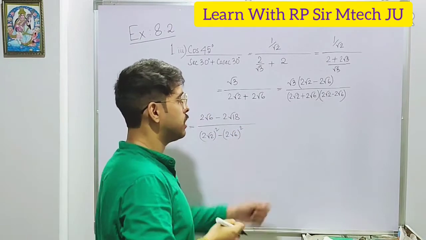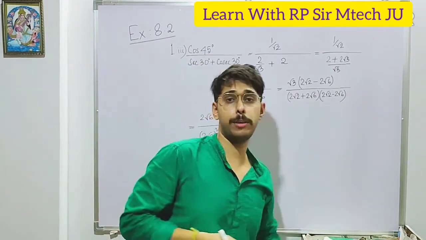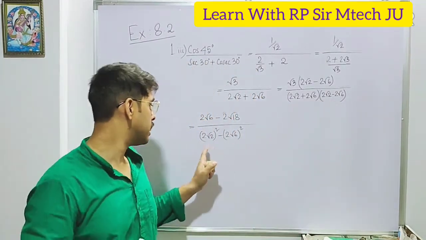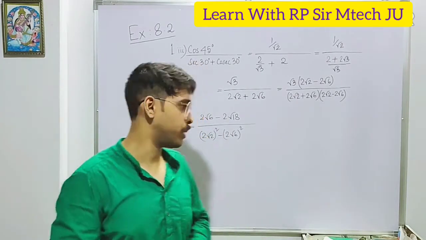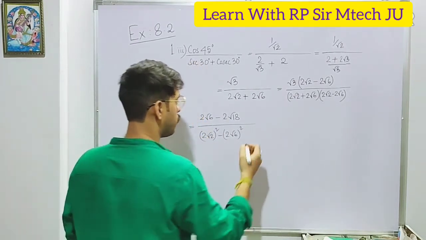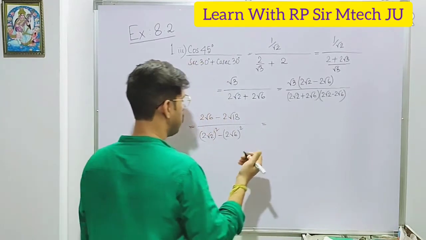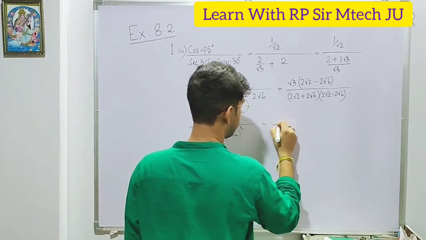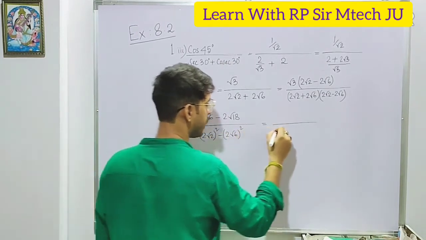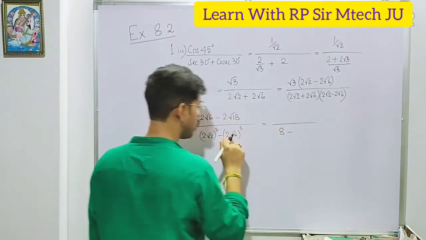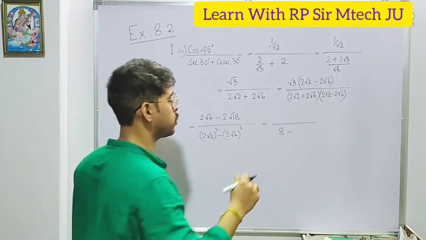Why is this? Because let us consider this as the formula of a plus b into a minus b, so automatically we can get 2 root 2 whole square minus 2 root 6 whole square. So now we are going to apply the formula here. So here we will get 2 root 2 whole square, which is 4 into 2, which is 8, minus 2 root 6 whole square, which is 4 into 6, which is 24.